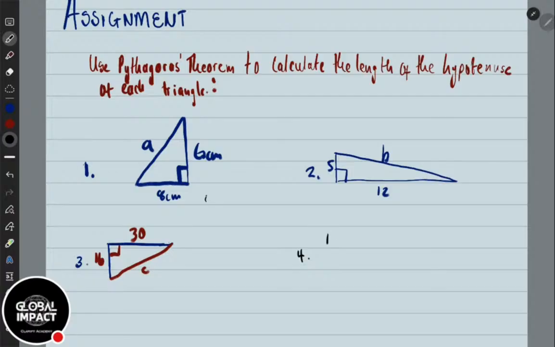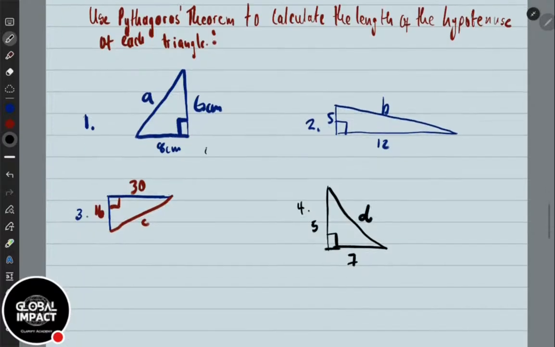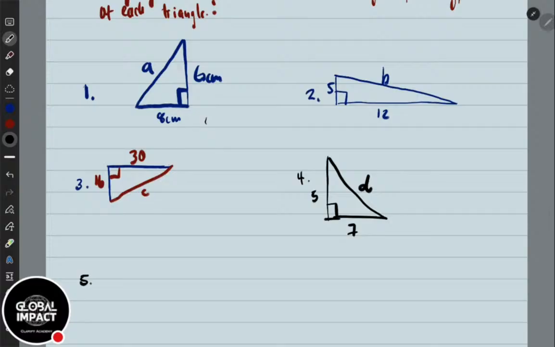Number four. You do 7, 5, and then you find this D. Number 5. So this is like the last one.